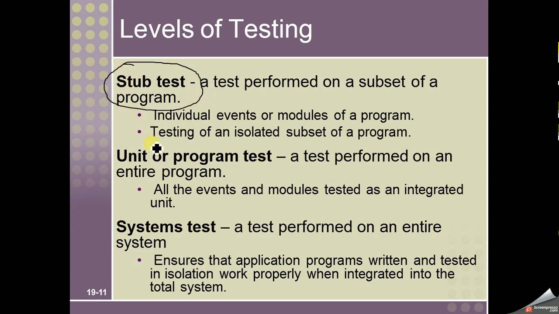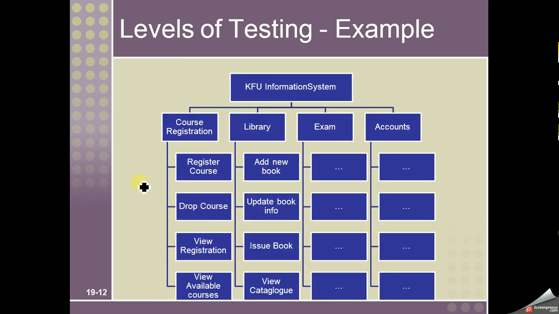Second, unit or program test. It is a test performed on an entire program in which all the events or modules are tested as an integrated unit. So now in this entire subsystem, all these events have dependencies on each other. So now we will also test those dependencies.